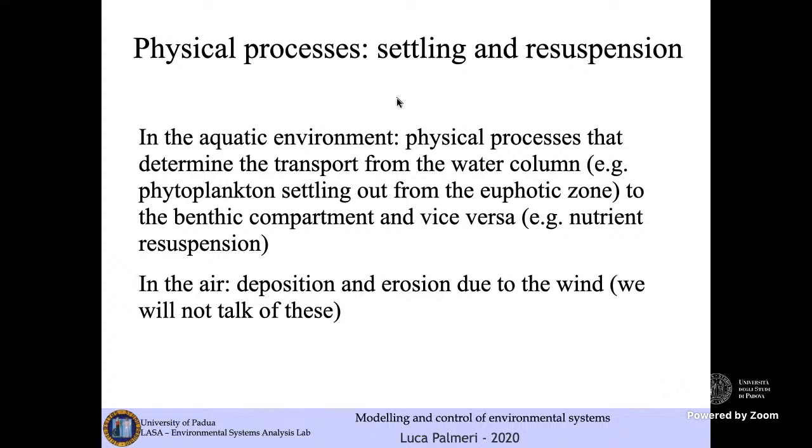So the first process we will discuss today is settling, and then we will introduce a model for describing resuspension. Settling is the process that transfers substances from the suspended parts in the water column down to the sediment, the benthic part of the ecosystem.